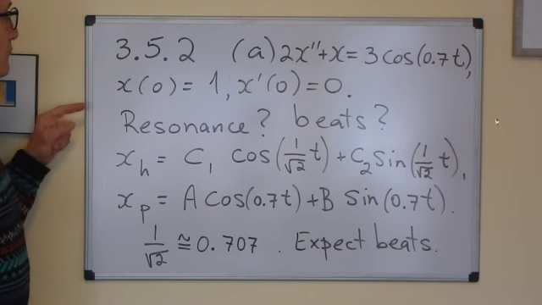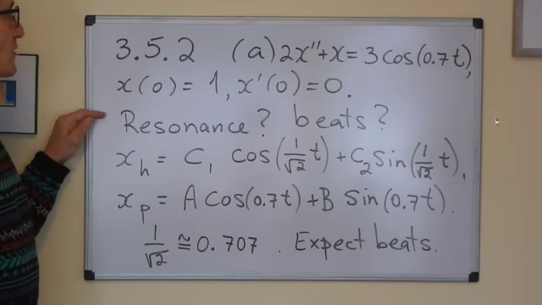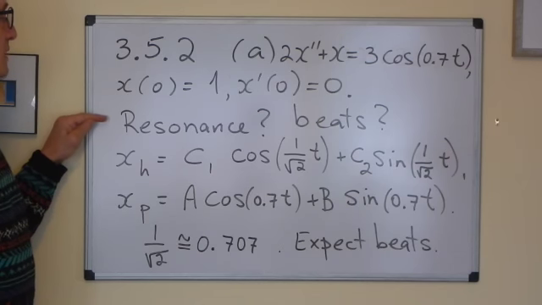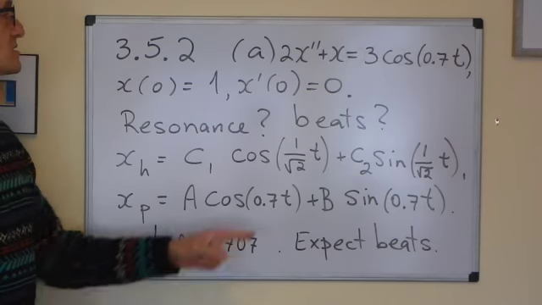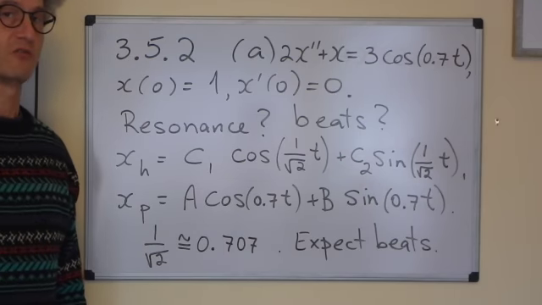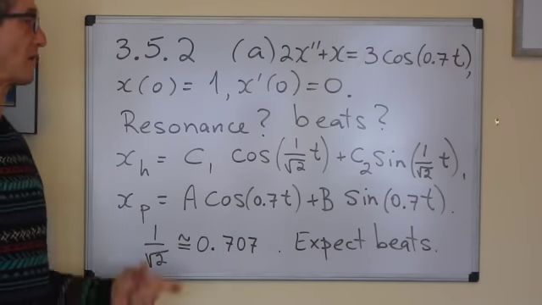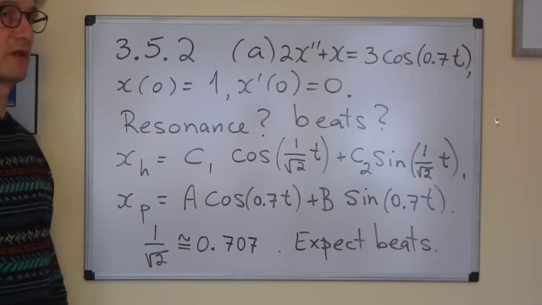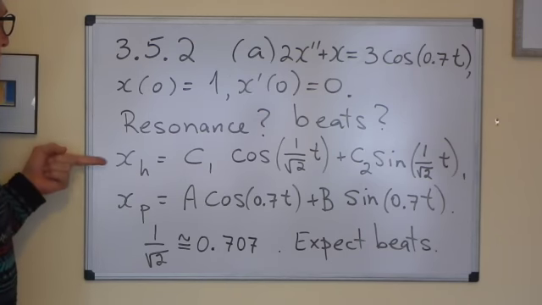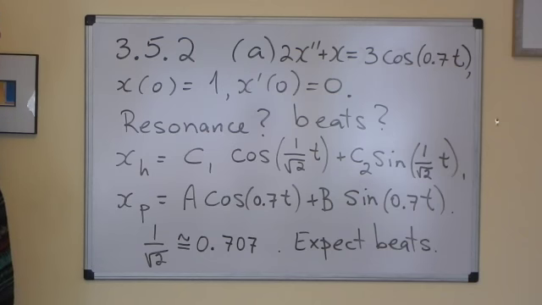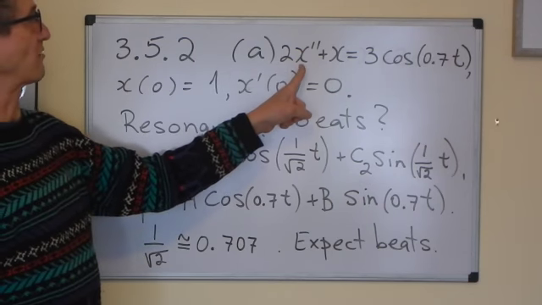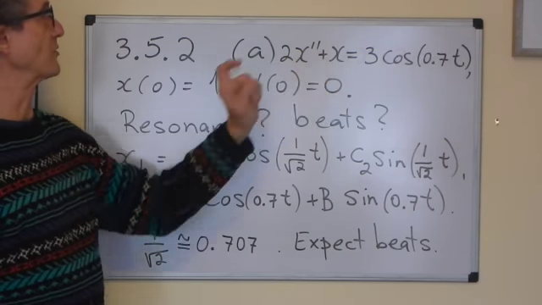And the focus here is to decide whether this system exhibits resonance or beats. So I want to supplement that with a little bit of theory. Here we have the homogeneous solution, which is, think of this as x'' plus 1/2 x.